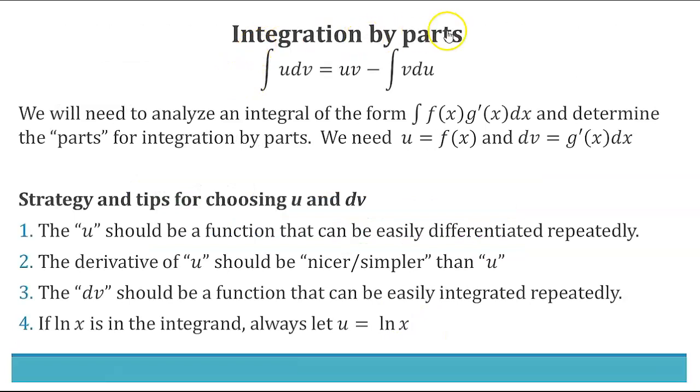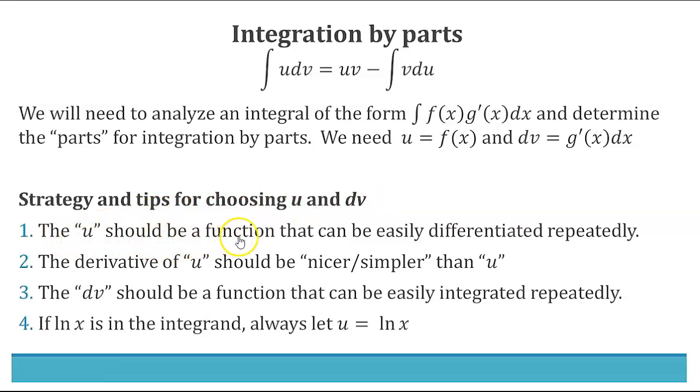So again, here's that integration by parts formula, and we will need to analyze an integral of the form the integral of f of x times g prime of x dx, and we'll need to determine the parts for integration by parts. We're going to need that u, that f of x function, and that dv, that g prime of x dx function. So how do we know how to pick a correct u and dv? So here are some strategies and tips for choosing the u and dv.